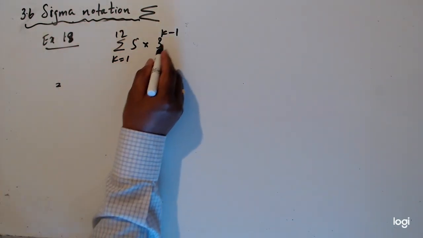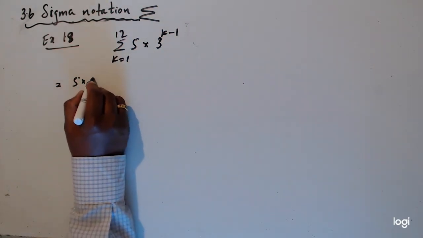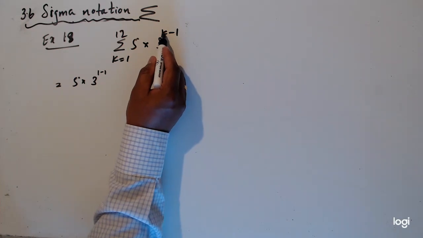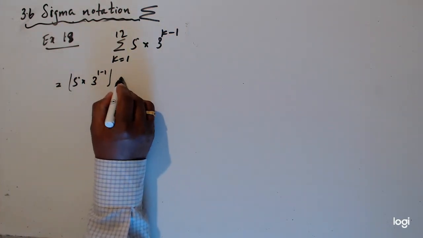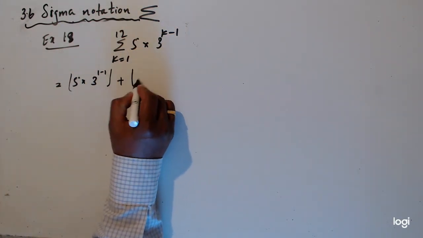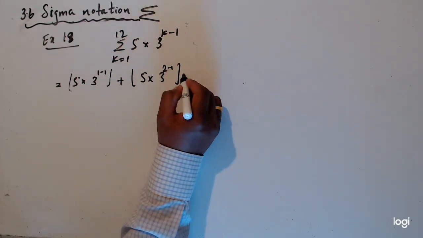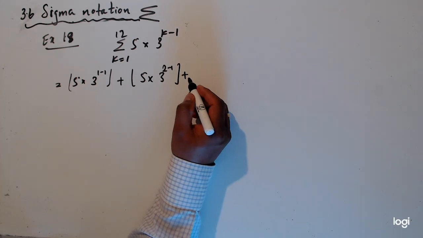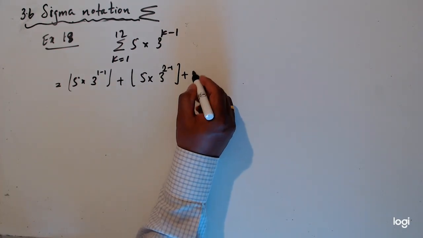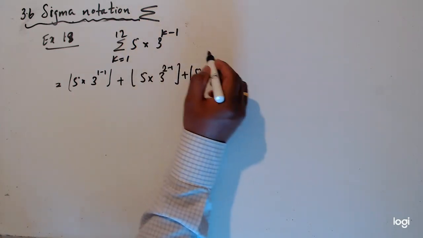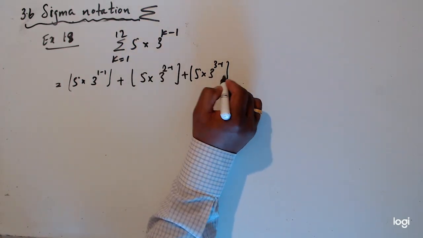When k equals 1, 5 times 3 to the power 1 minus 1. Then k equals 2, 5 times 3 to the power 2 minus 1, plus that is enough. Okay, one more, k equals 3, 5 times 3 to the power 3 minus 1.